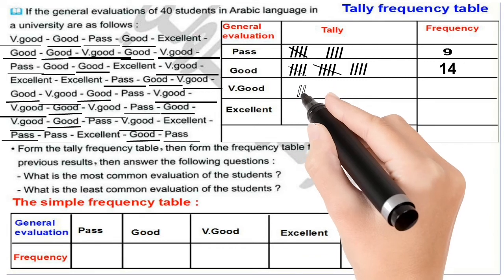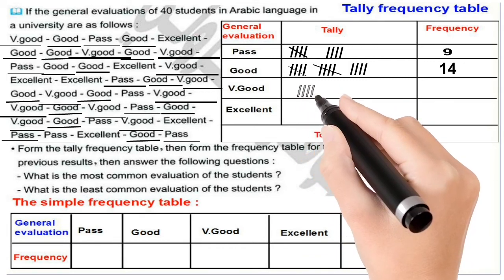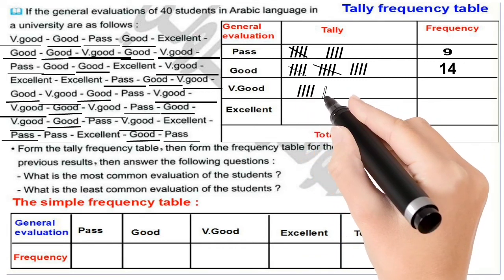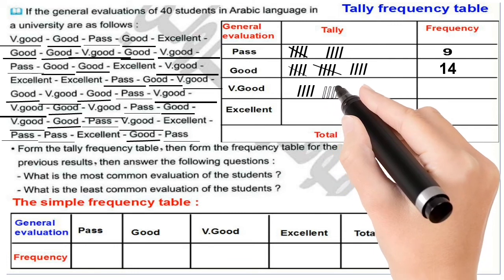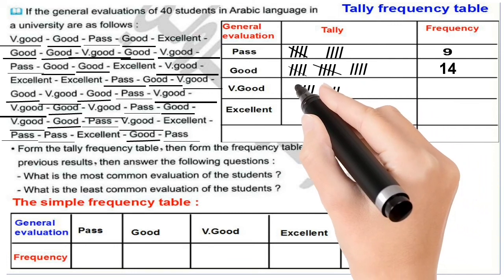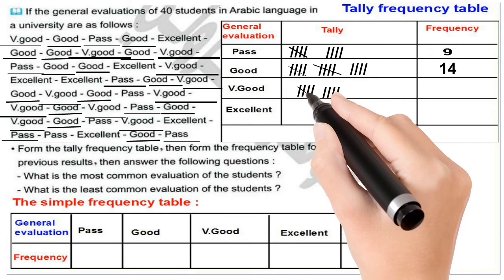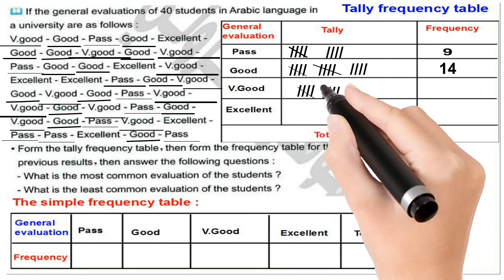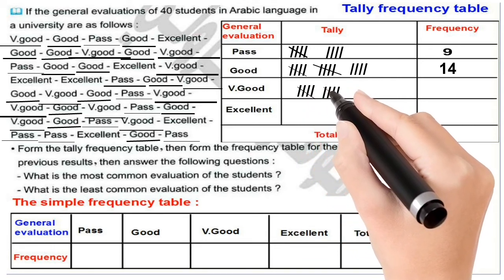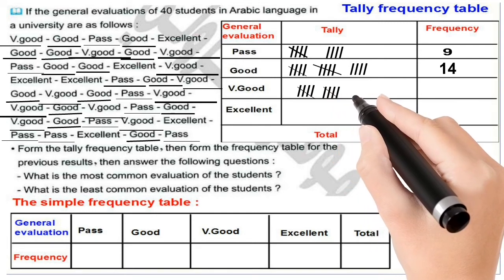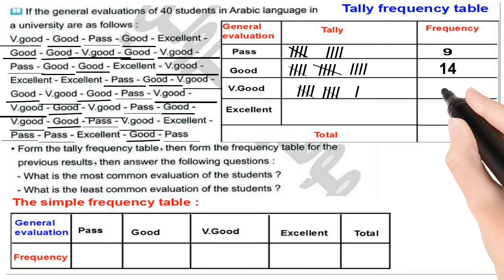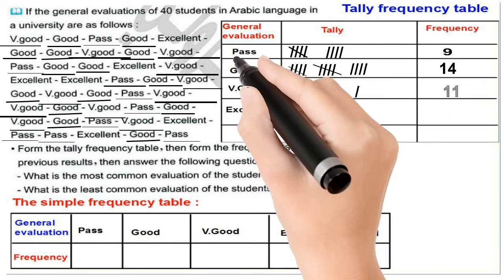I will draw the sticks in groups of five, and now we have 11. Then I will write my frequency 11.